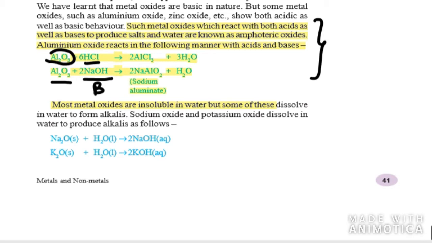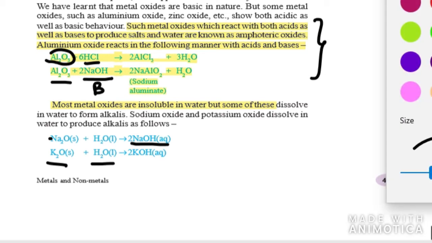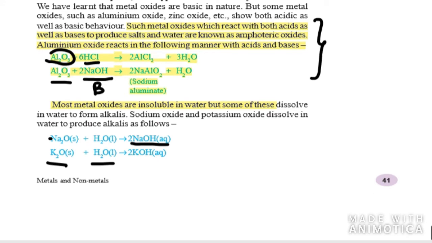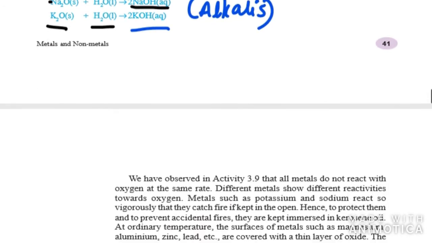So remember this. Here you can see a metal oxide reacting with water to form a base, or you can say alkali. Alkalis are those which can dissolve in water.